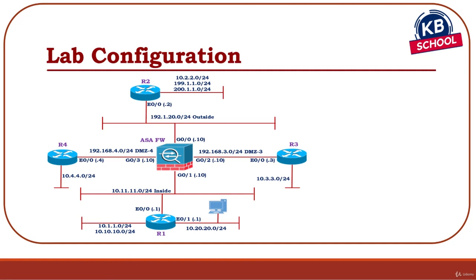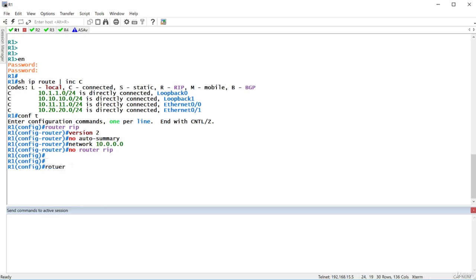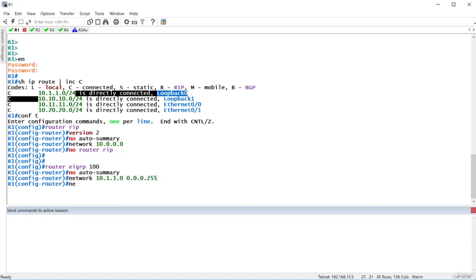Let's start with router 1, which is at the bottom. Router EIGRP 100, no auto-summary, network. If I had to do the network statement over here, if you take a look, I have the individual networks. If I wanted to enable them individually, I would use the inverse mask.